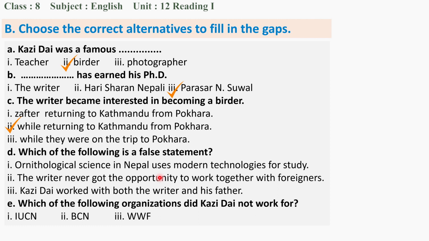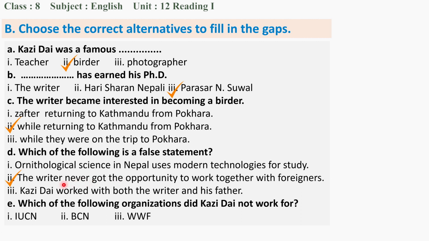The writer never got the opportunity to work together with foreigners. This is false. He worked with international organizations and persons, so this statement is false. Even he has been involved in international organizations, right? Even Jimmy Carter, you heard, right? So he has been involved with international persons.